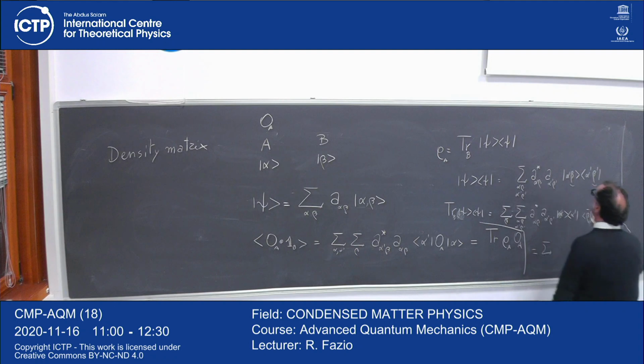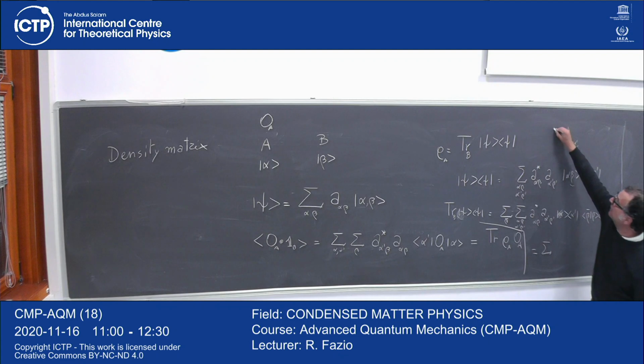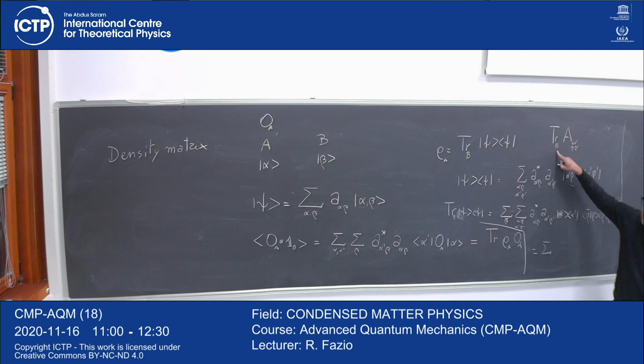So suppose that you have a matrix A with indices alpha, alpha prime, beta, beta prime. The partial trace over the subsystem B means that I have to set the two beta indices equal and sum over beta.